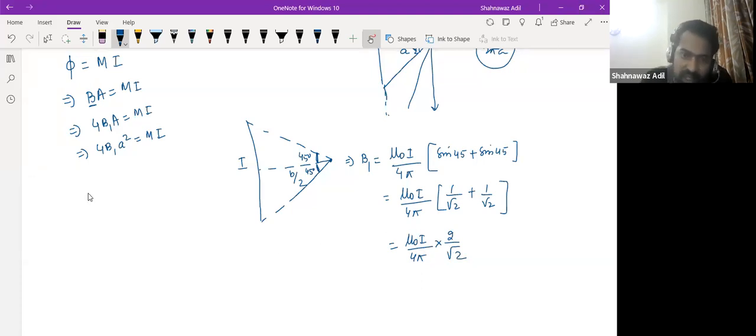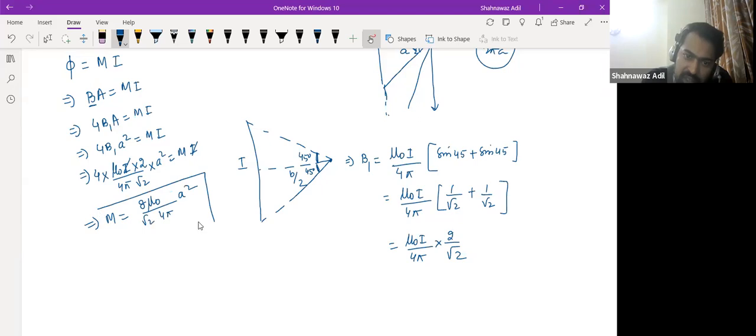Then we can put this value in here: 4, and mu naught I by 4 pi into 2, and a square, and M I. So I and I will cancel, and for the mutual inductance you will get 8 mu naught by 4 pi a square. So that would be the answer, right?